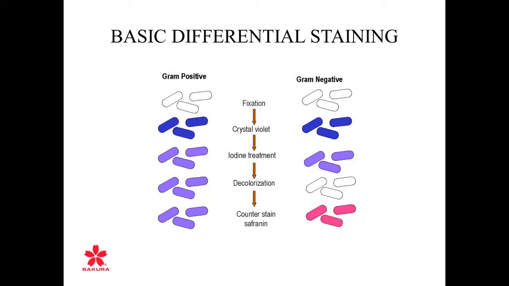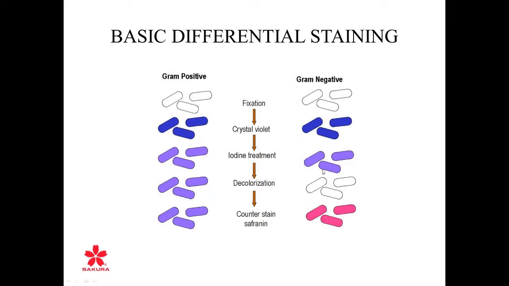And the reason for that is gram-positive cells have a much thicker cell wall composed of lipoprotein and a form of polysaccharide. This makes the cell wall a lot less permeable and allows it to lock in the dye, and it also allows it to be more resistant to decolorization, this thicker cell wall.